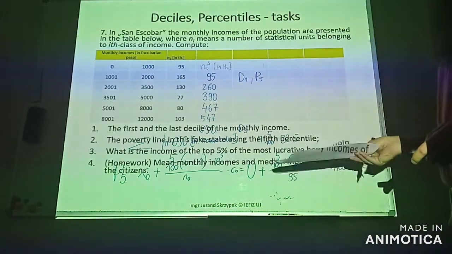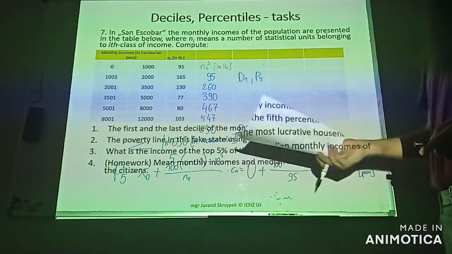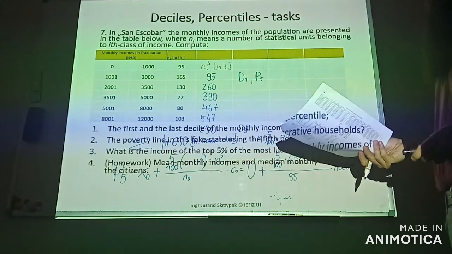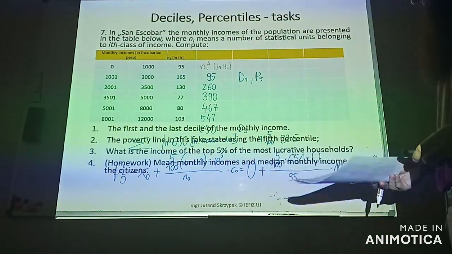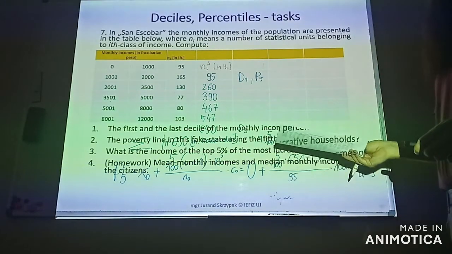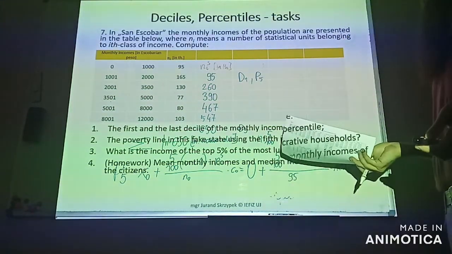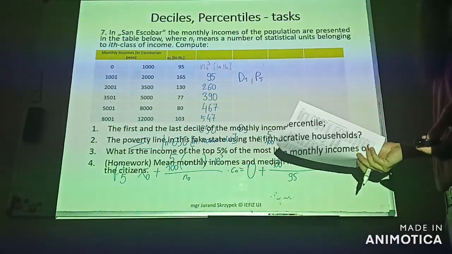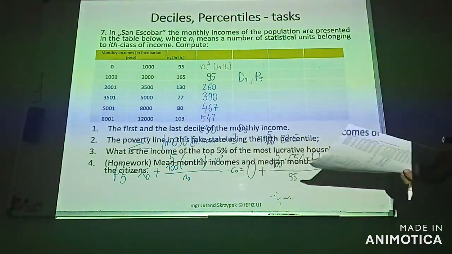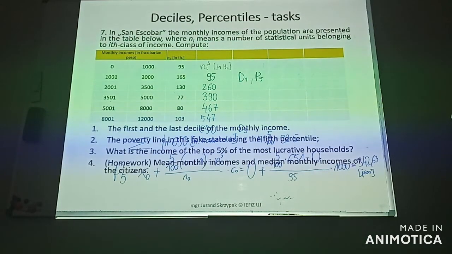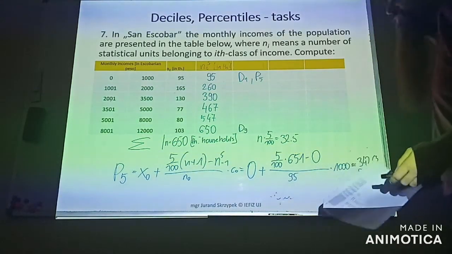And the last one, the fourth command is for you: mean monthly incomes and median monthly incomes. My last task is to compute the income of the top 5% of the most lucrative households.